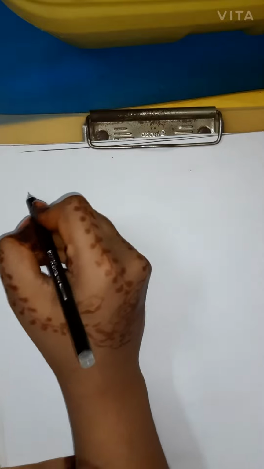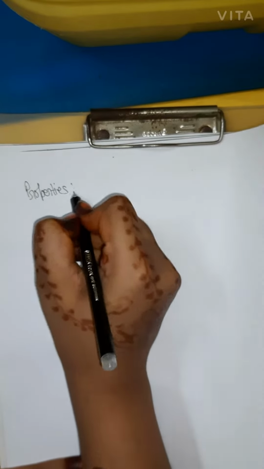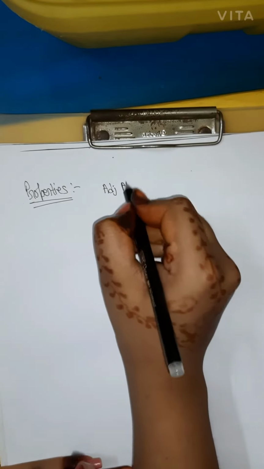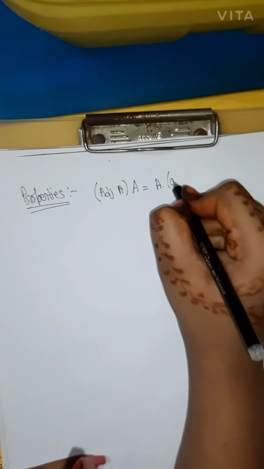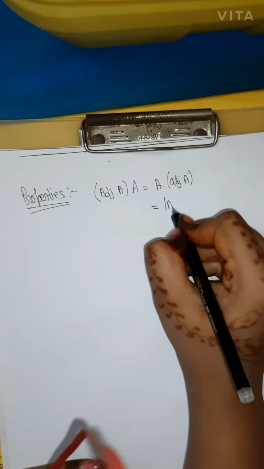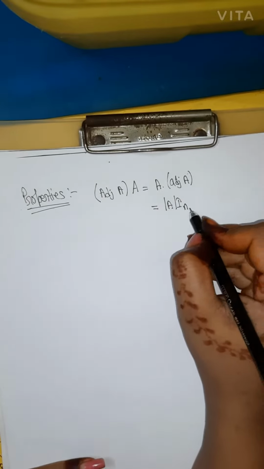Now I will write down 2 important properties of adjoint, that is adjoint of a matrix into a matrix will be equal to A into adjoint of a matrix, which is equal to determinant of A into identity matrix of the order of the matrix.